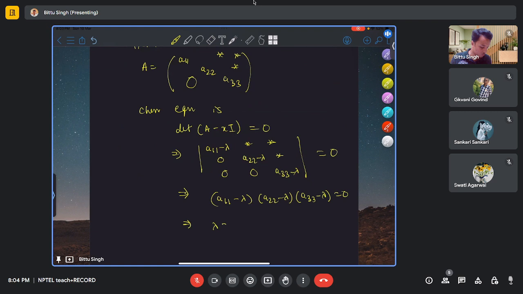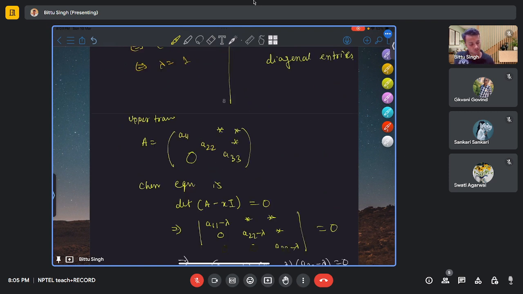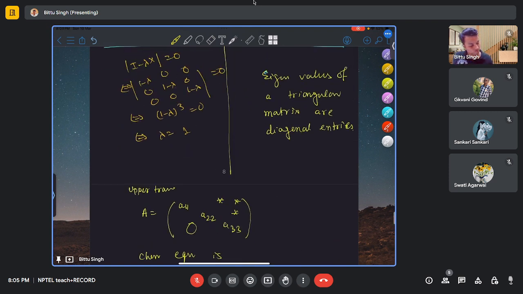So we are getting lambda equal to the diagonal entries. So for any upper triangular or lower triangular matrix, the eigenvalues are always the diagonal entries. This is also an interesting fact.